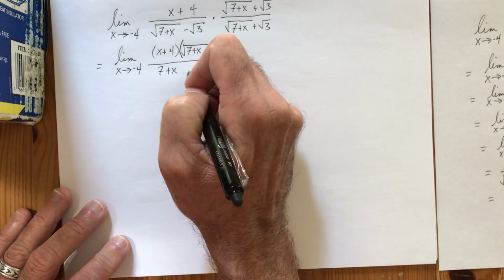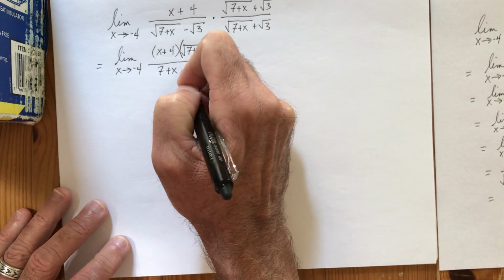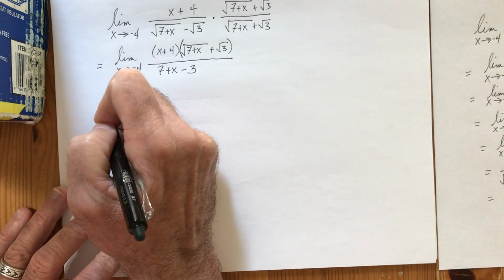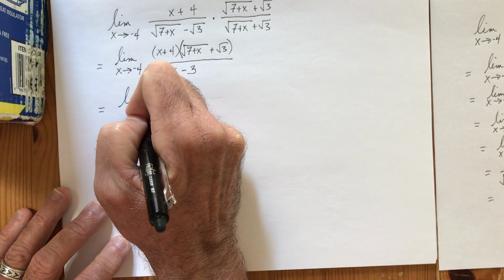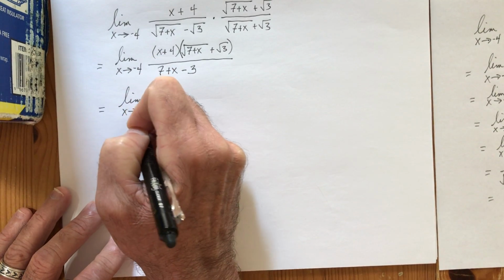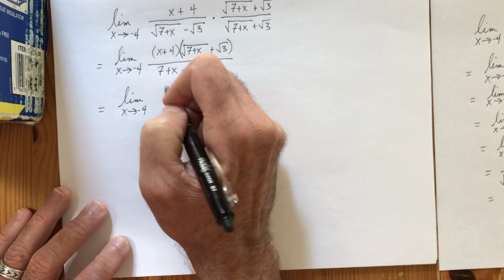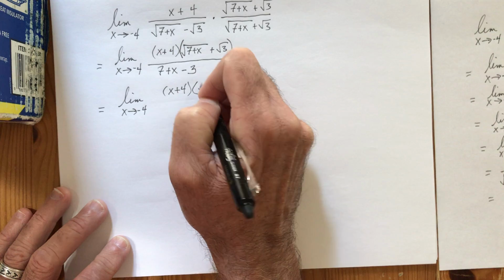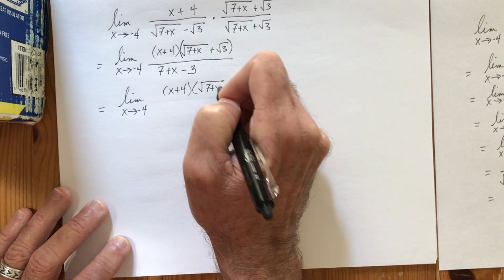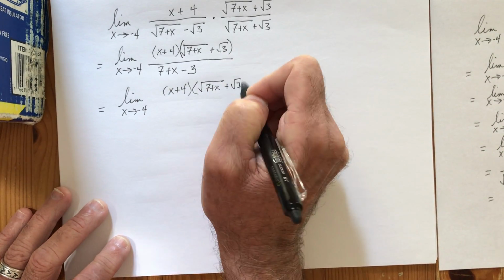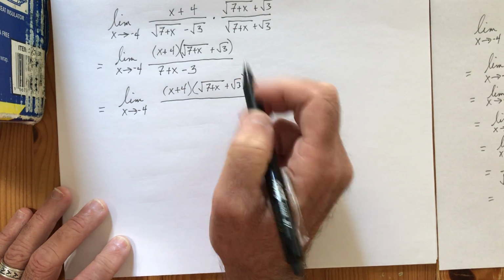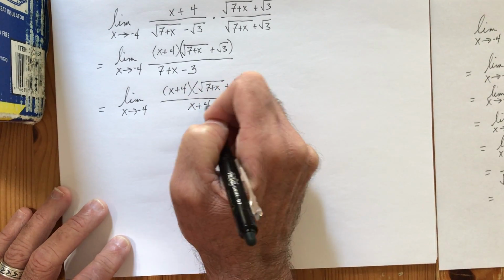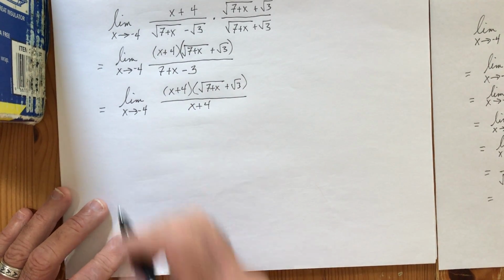And we square the second number, which gives us 3, put the minus sign in between. Then we do some simplification with the algebra. So we have x plus 4 times the square root of 7 plus x plus root 3 all over x plus 4. So once again, the x plus 4's cancel.